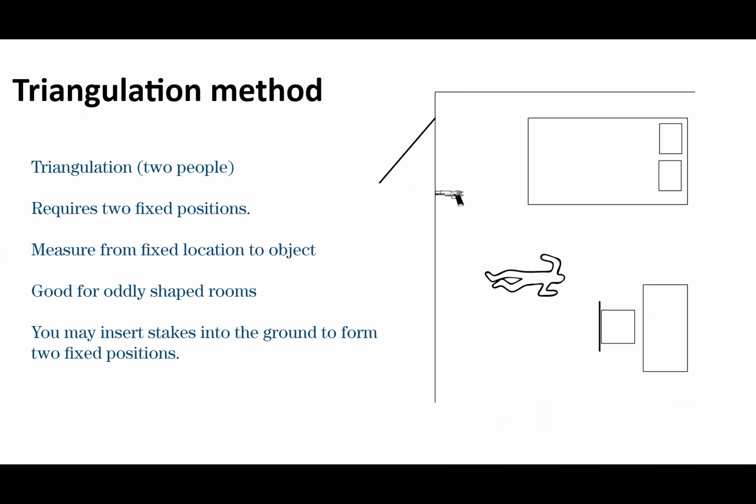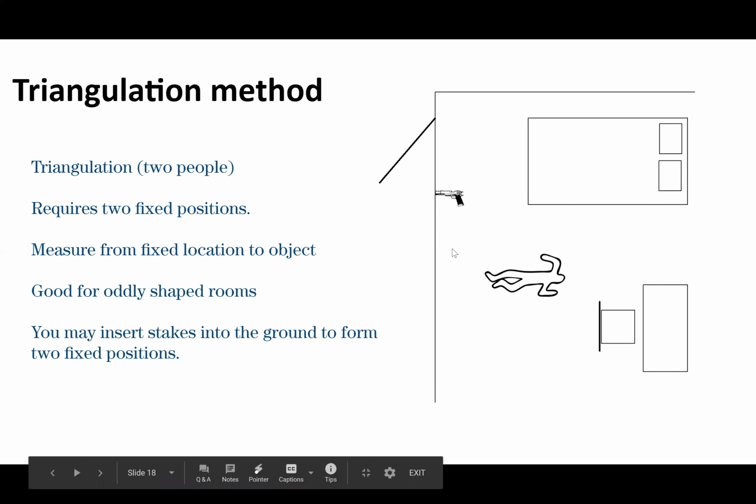The triangulation method really needs two people to do it and requires two fixed positions. You measure from the fixed location to the object. And it's good for oddly shaped rooms. This one happens to be rectangular, but if it weren't rectangular, how could you measure from two perpendicular walls, right?